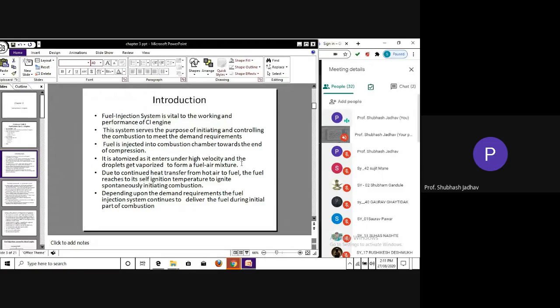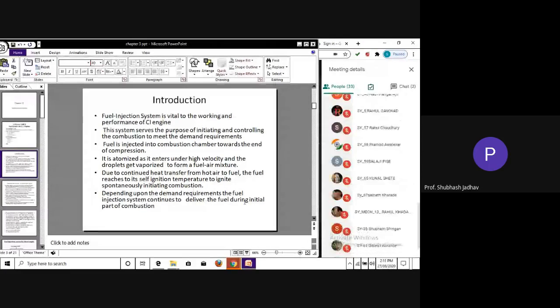Due to continued heat transfer from hot air to fuel, the fuel reaches its self-ignition temperature and ignites spontaneously, and all these things we are going to discuss again when we discuss combustion in the different engines. Depending on the demand of the requirement of the fuel, the injection system continues to deliver the fuel during the initial part of combustion.